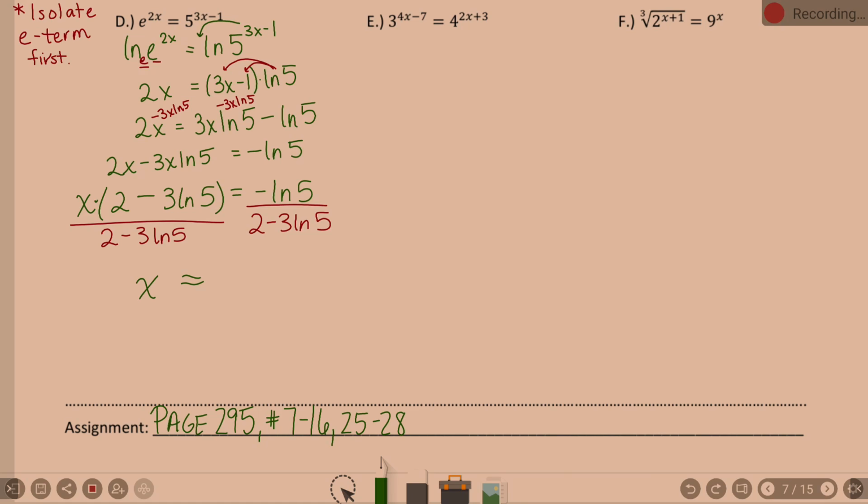I got positive 0.56. And I was waiting for a response because my answer key has positive. Did you put the negative on the top? It's negative natural log of 5 on top. Oh, no, I didn't have it as negative natural log of 5. Okay. So I do have 0.569. And I have positive.